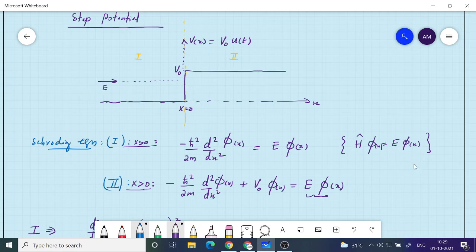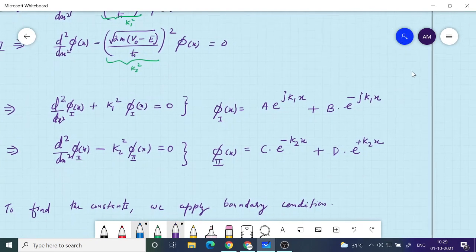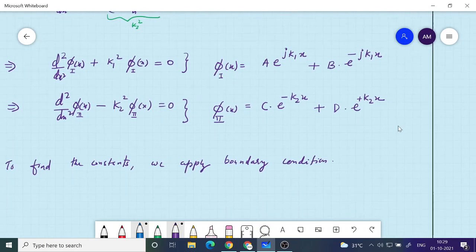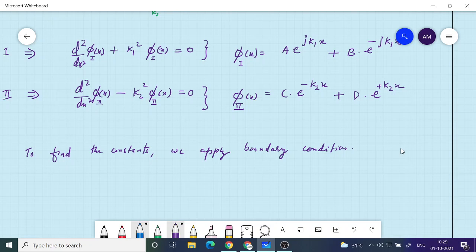The amplitude of that reflected wave is B. So both A and B are non-zero by the boundary condition.